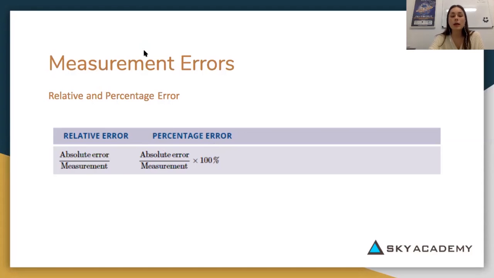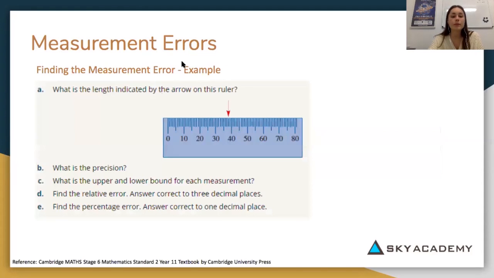So let's have a go at doing an example. So here we have a ruler, and we can see that we have millimeters marked on this ruler. So if this is 10 millimeters, it would leave us with 1 centimeter, 2 centimeter, 3 centimeter, etc. So question A says, what is the length indicated by the arrow on this ruler?